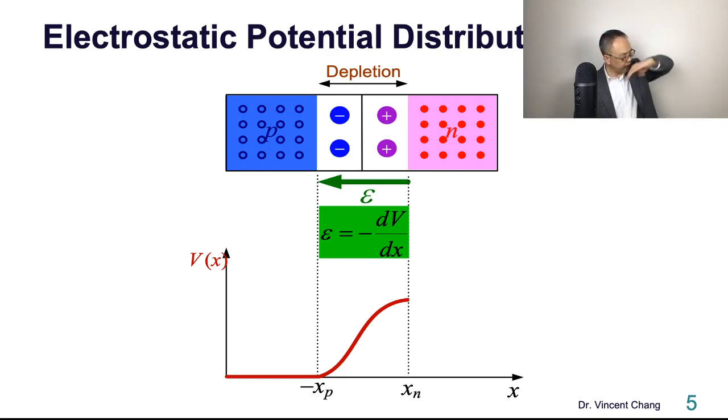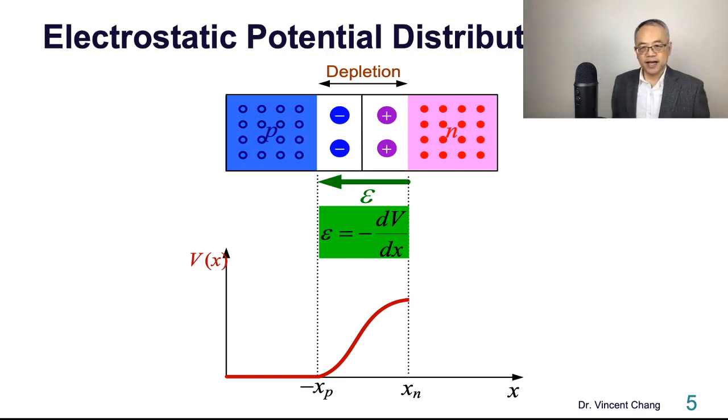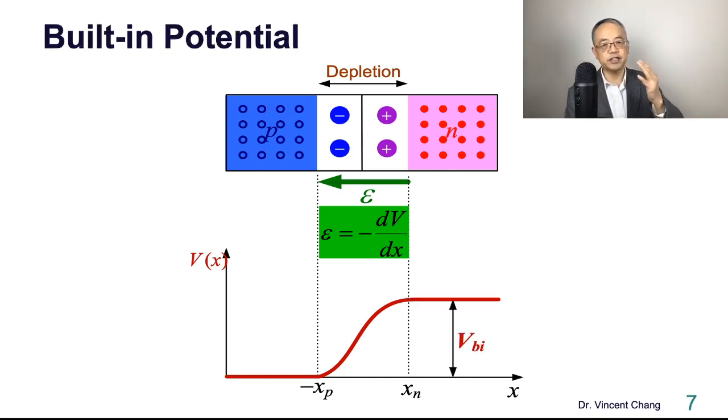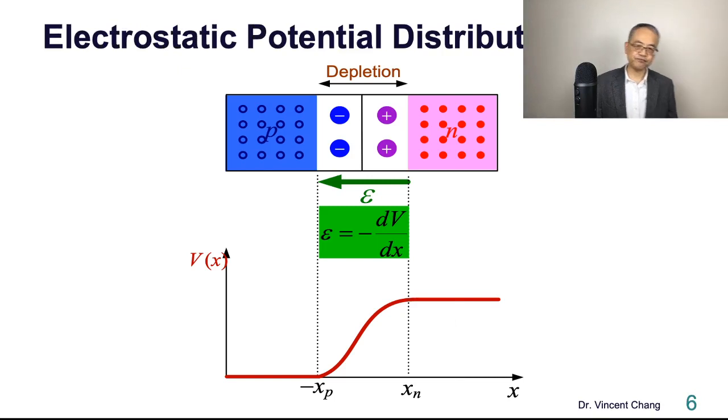The degree of gradient depends on how strong the electric field is. And then when you step outside the depletion layer, you reach another constant. So this is the electrostatic potential distribution for a p-n junction.